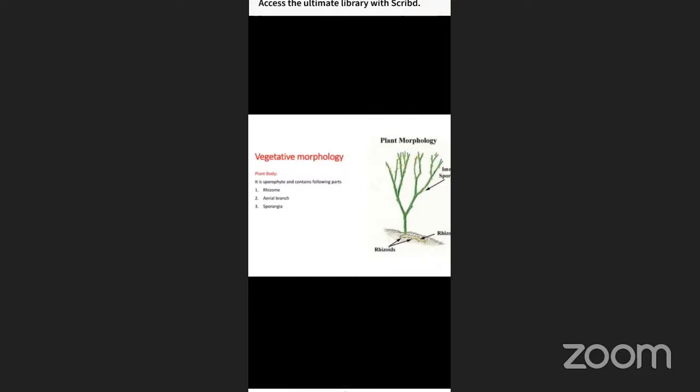So the star-shaped xylem is there, and centrally some metaxylem is also present, and some sclerenchyma fibers are there.